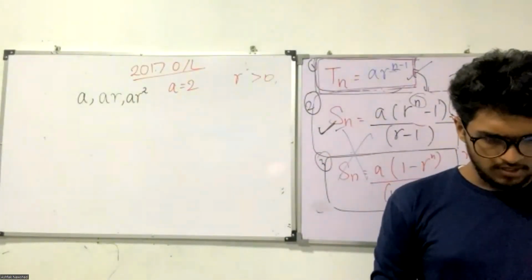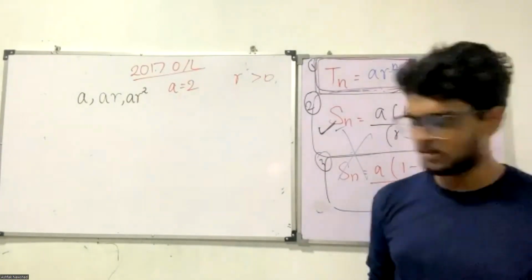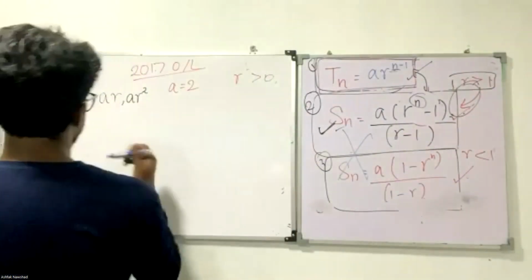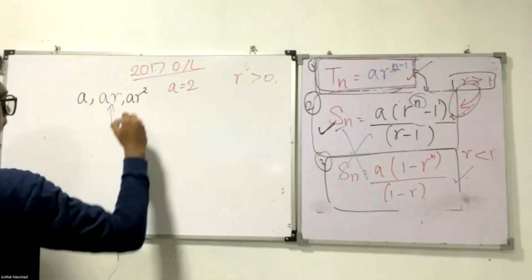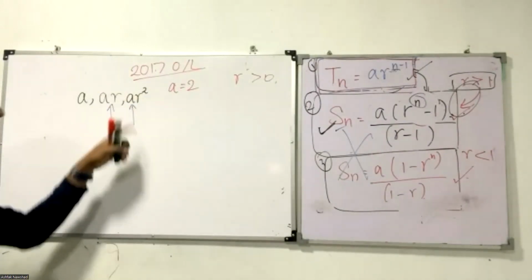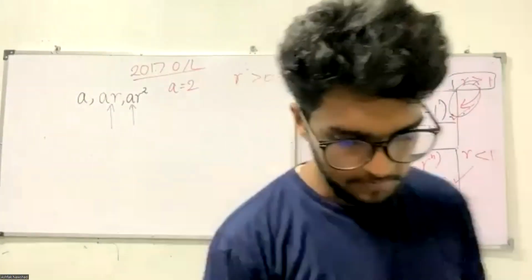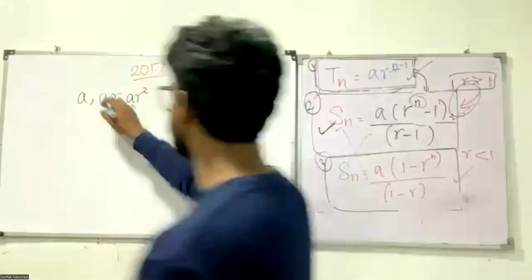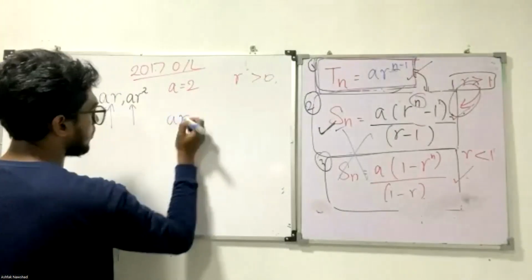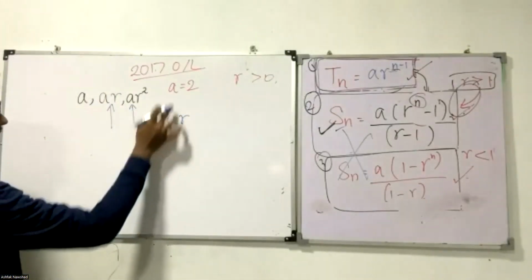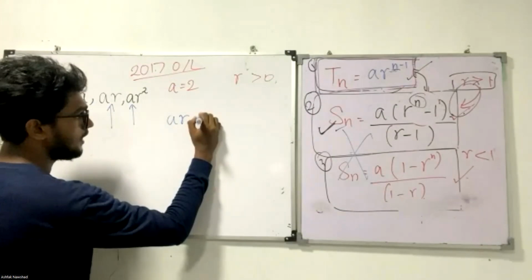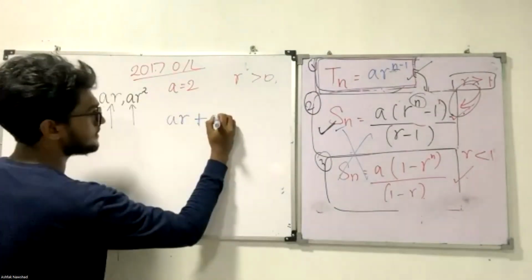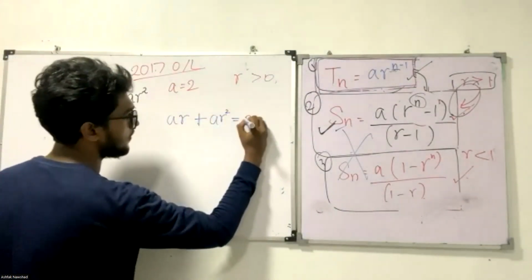Is it okay? Yes, good. They are talking about AR plus AR squared, the sum of the second and third. The second term is AR, we don't know R yet. The second term plus the third term is equal to 24.